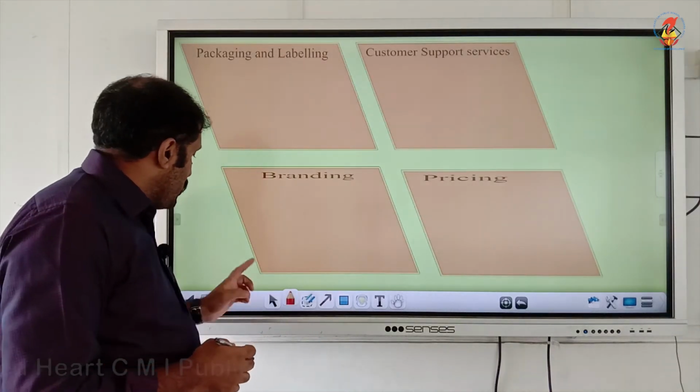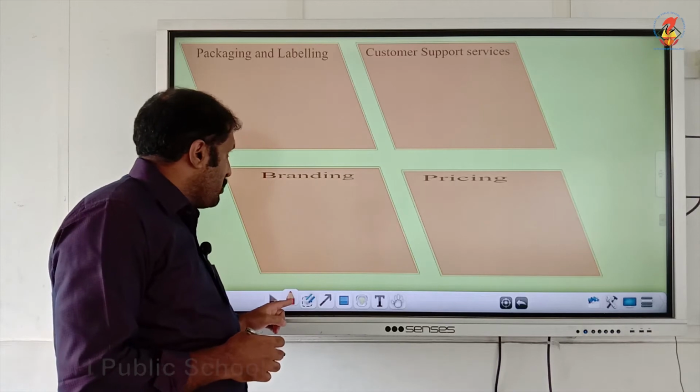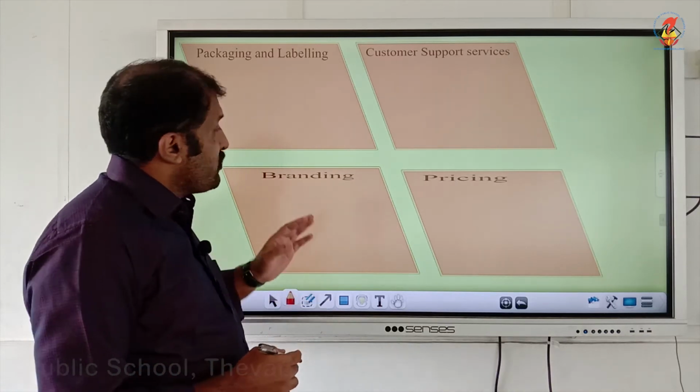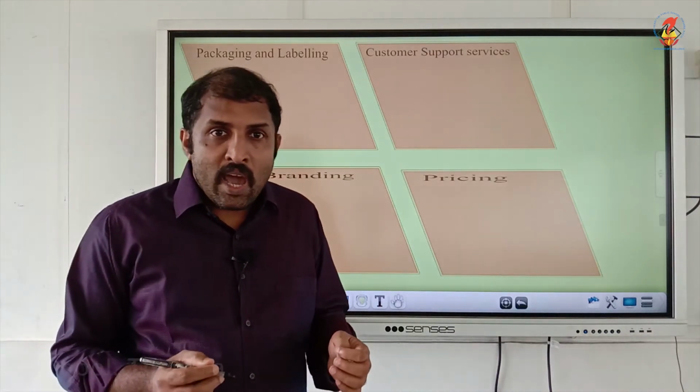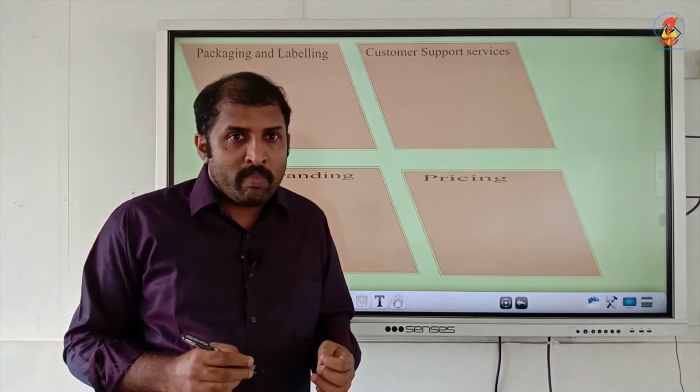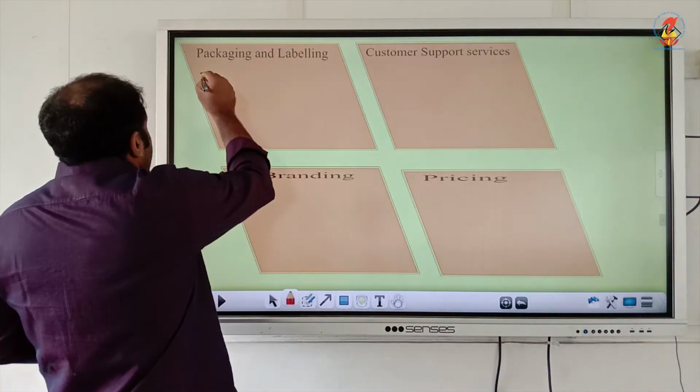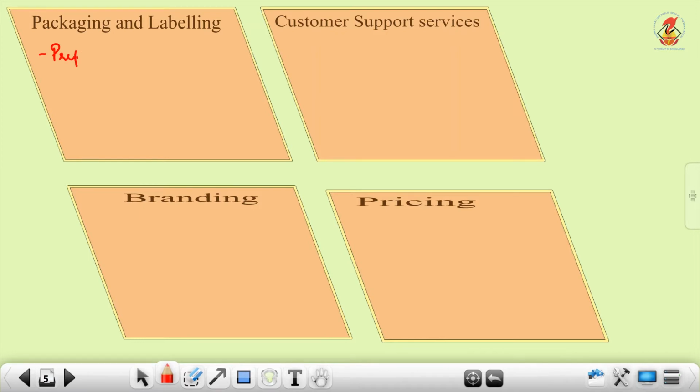Now coming on to the next function, that is the function of packaging and labeling. What is packaging? It is preparing a package for the product.